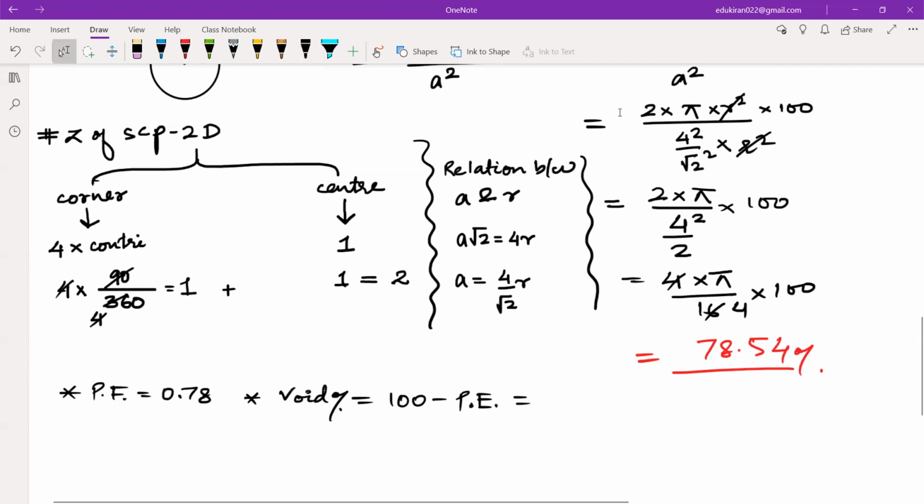Then the answer, void percentage, guys. Yeah, correct. 21.46%. Okay, very good.